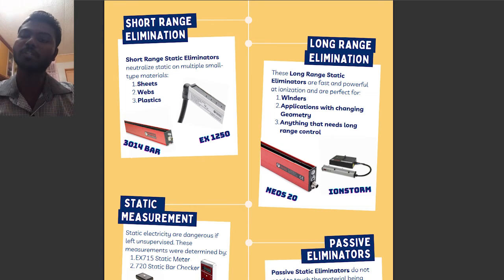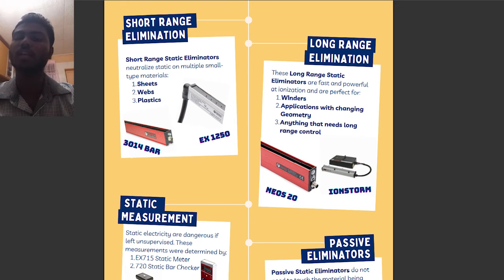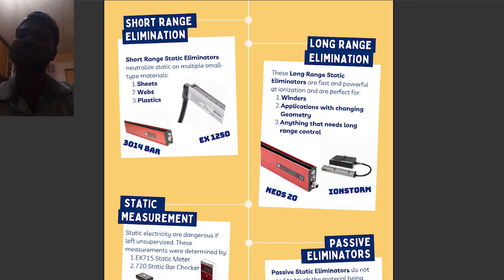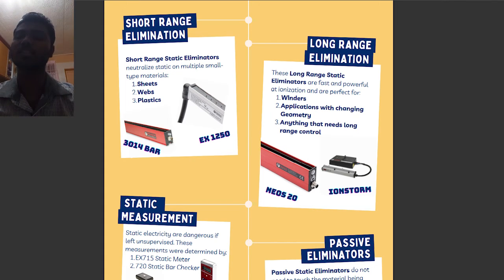A partial exception to this is pulse DC static elimination equipment. DC has more ability to neutralize charge which is coupled with another body, because DC can flow through the object unlike AC.